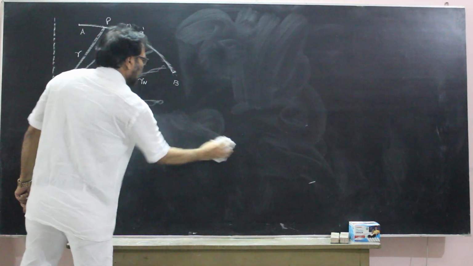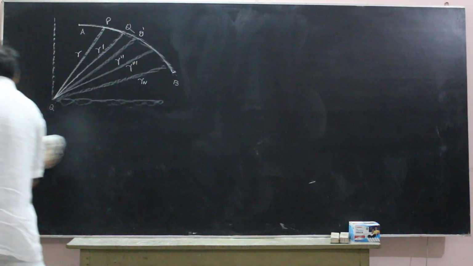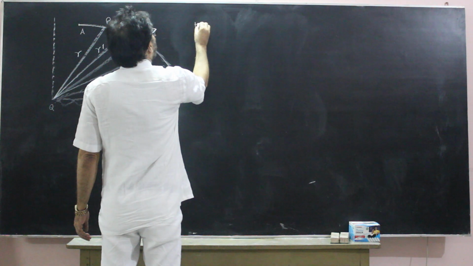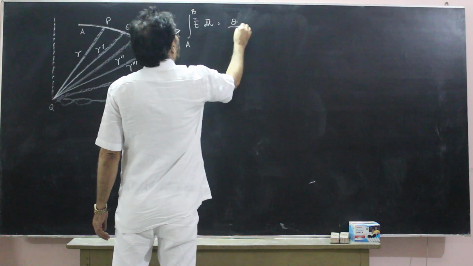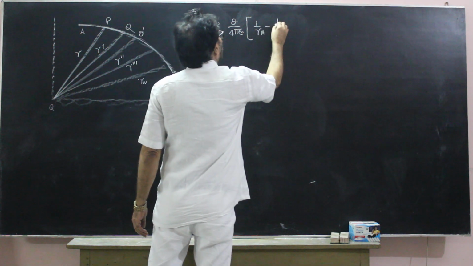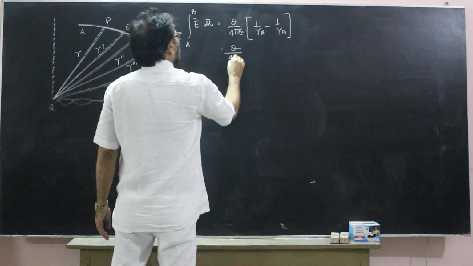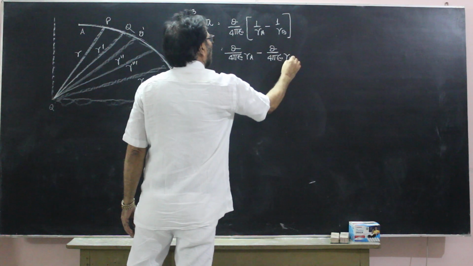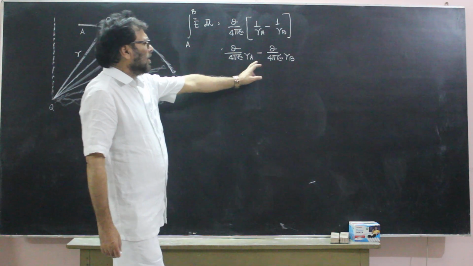So we have of course calculated E dot dl from A to B and its value is Q by 4 pi epsilon naught, 1 by RA minus 1 by RB, and it is Q by 4 pi epsilon naught RA minus Q by 4 pi epsilon naught RB। Q is constant, 4 pi epsilon naught is constant, RA is variable, and here RB is variable.